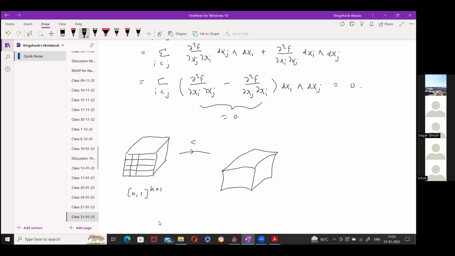I divide each side into, say, capital N pieces.